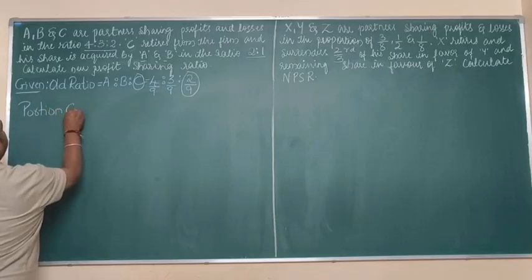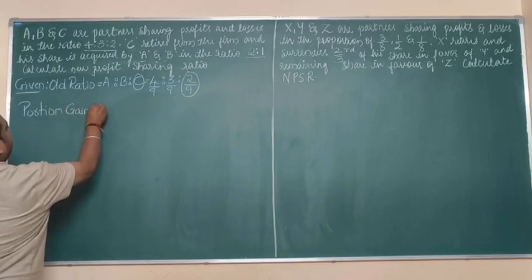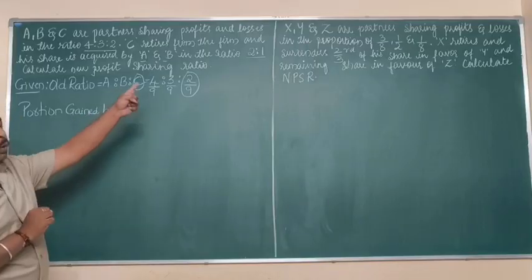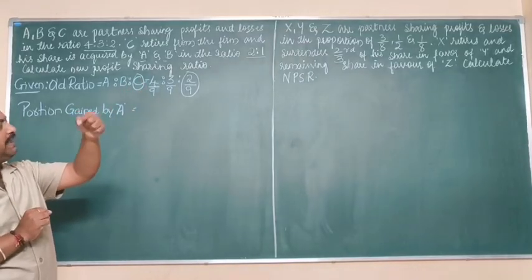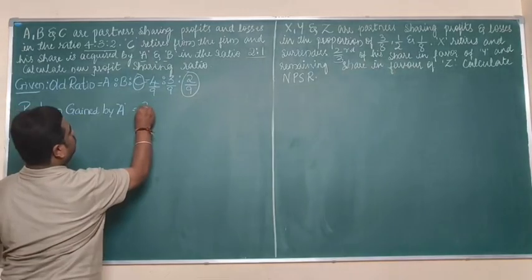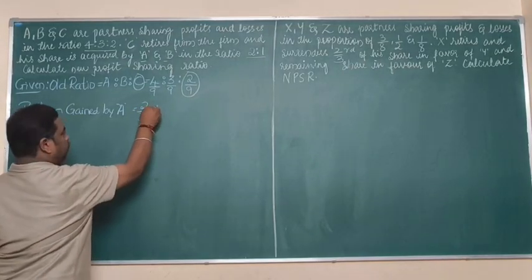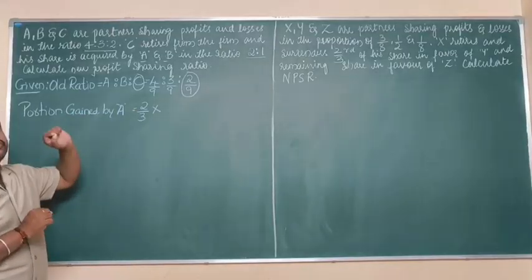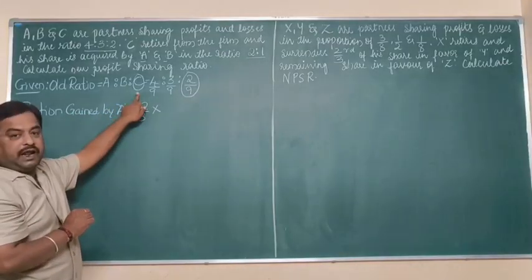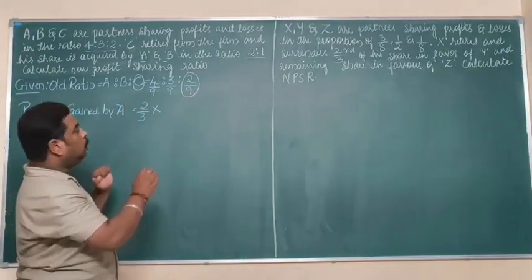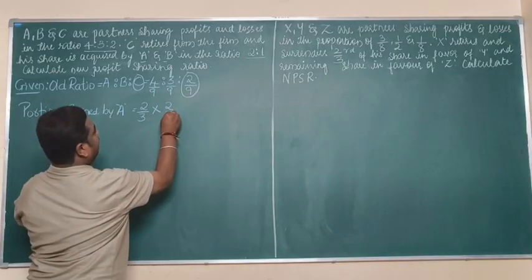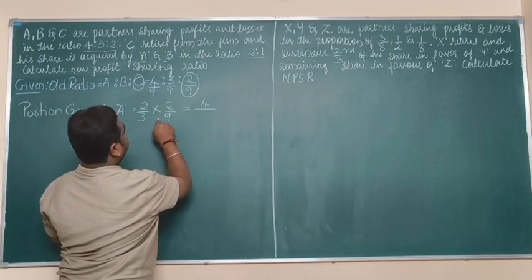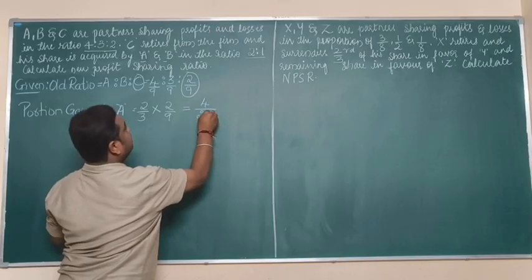Same, portion gained by A. In what ratio? 2:1. 2:1 means 2/3, 1/3. So it is 2/3 into portion gained by A, 2/3 into whose share they are gaining? C's share. And what is C's share? 2/9. So 2 2s are 4 divided by 3 9s are 27.